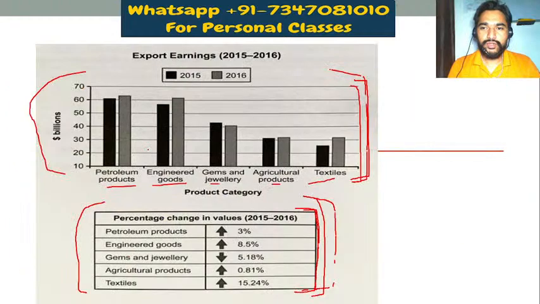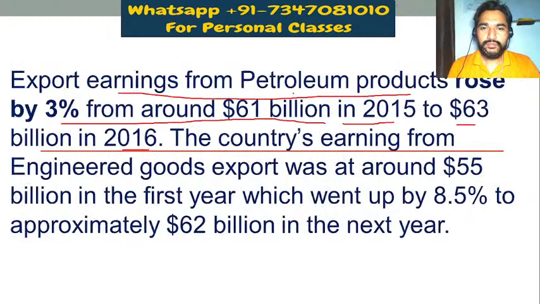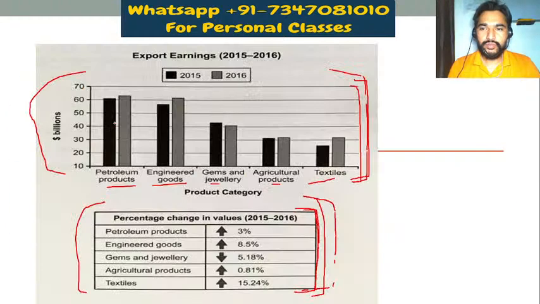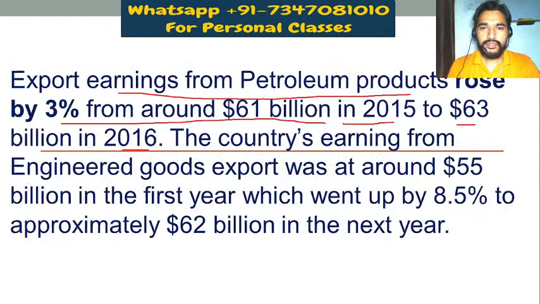So, export earning from petroleum products was near about 60 and the increase was 3%. So, petroleum products increase is 3%.